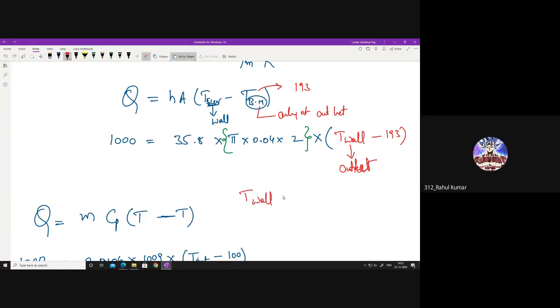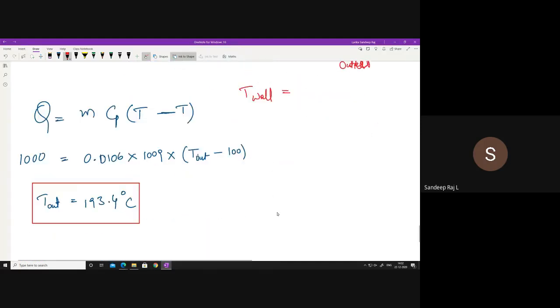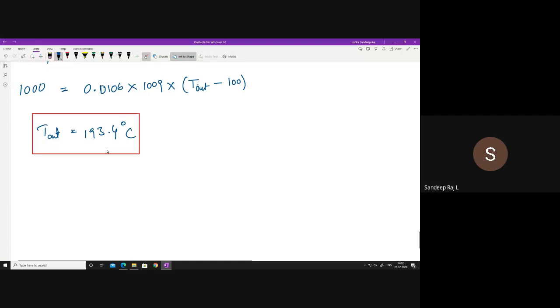Sir, T bulk mean will be 146.31. Correct, what you are saying is right, I understand. Okay, let's do that also for clarity's sake.